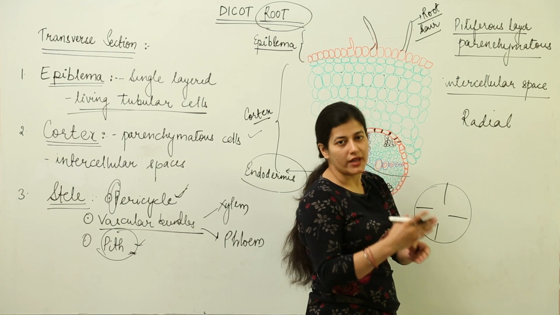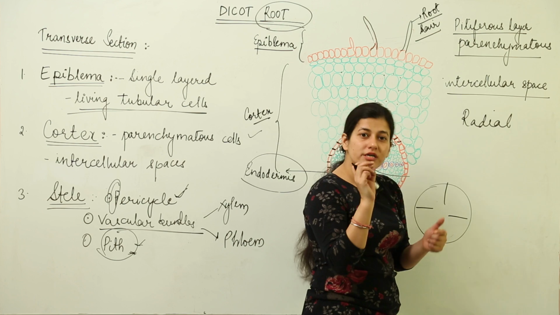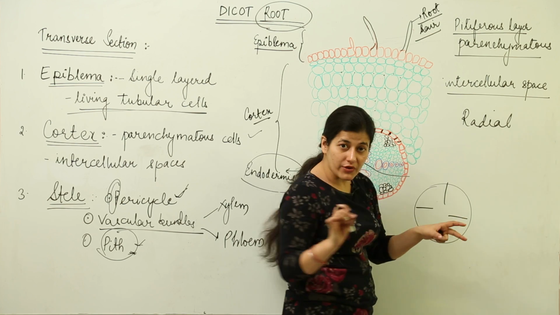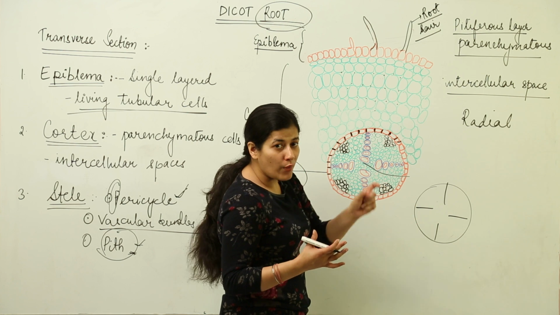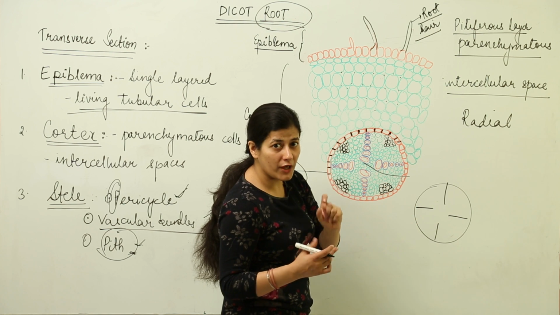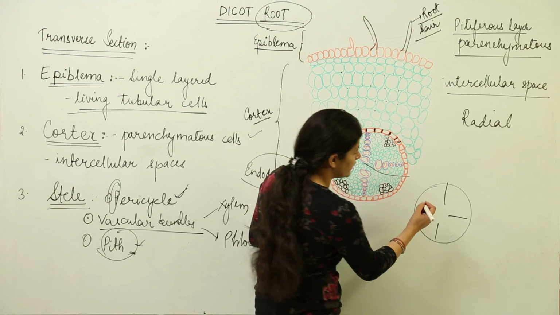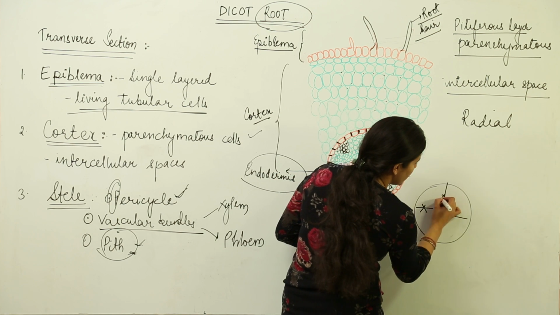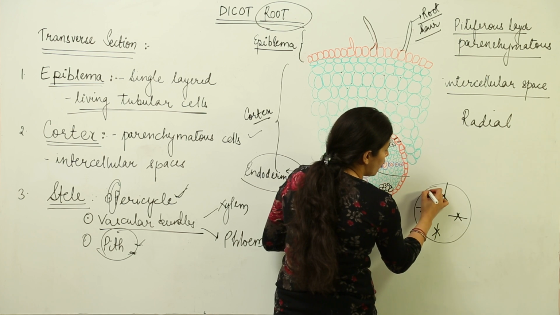They are responsible for conduction of water and food respectively in the plants. We have different arrangements. The arrangement where xylem and phloem are present on different radii is known as radial arrangement, and that we see in roots.